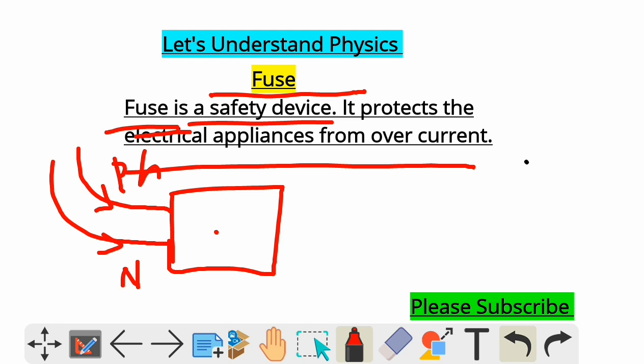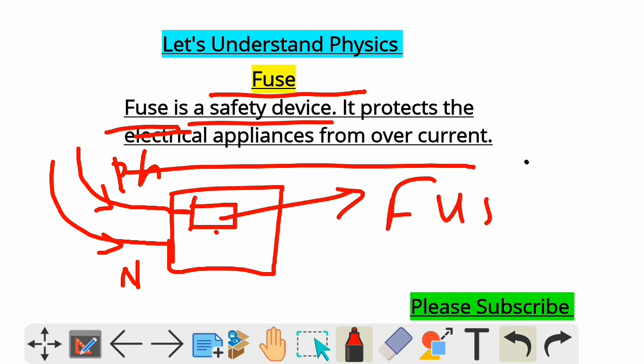Now for the phase wire, in series, you will have the fuse connected. After the fuse, the phase wire and the neutral wire will come into our houses. Here you will have the energy meter as well, with a connection there too. But now we are not learning about the energy meter. We are learning about fuse.